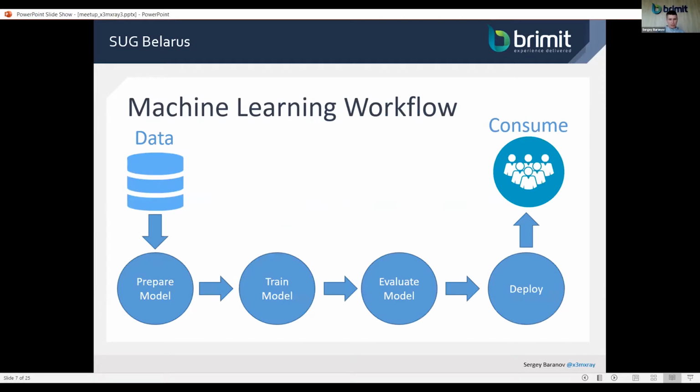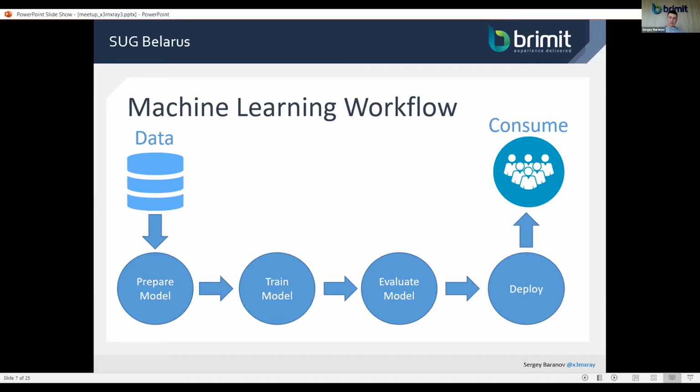In this picture, you can see a general workflow for almost all machine learning processes. Of course, first of all we need to have some data source. If we talk about Sitecore, we can use XDB for this purpose. Then we need to extract some important features that are related to our predictions.